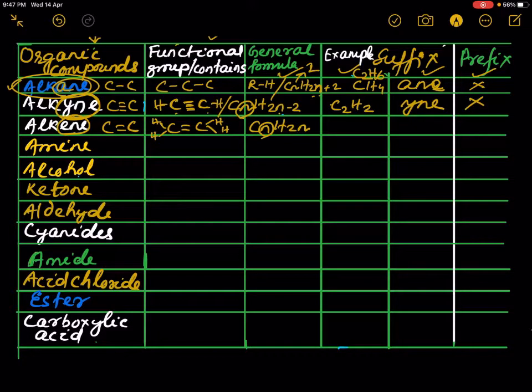If n is 2, then H will be 2 twos are 4. For alkene, the suffix is ene. If there is ene, there must be a carbon-carbon double bond. And there is no prefix for alkene.